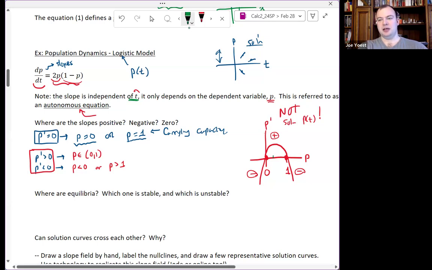So if I were to start here, I would be headed to the right over time. If p is bigger than 1, p prime is negative, p is decreasing. If p is less than 0, p prime is negative, p is decreasing.